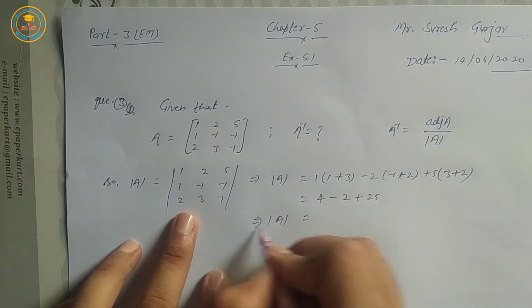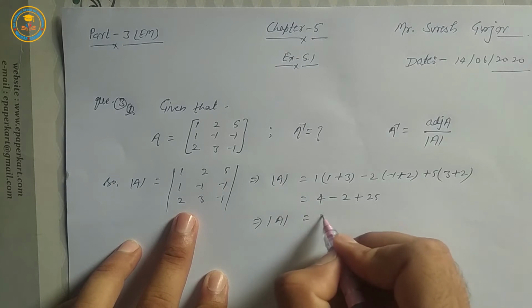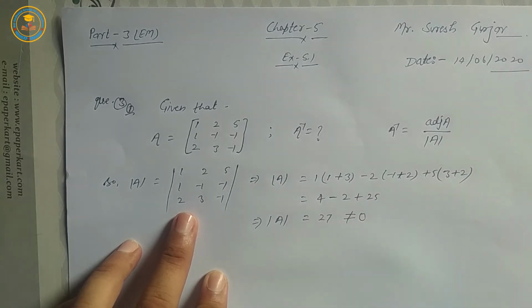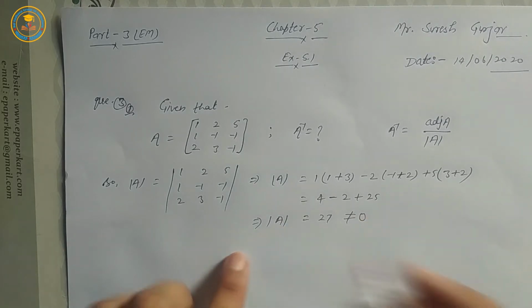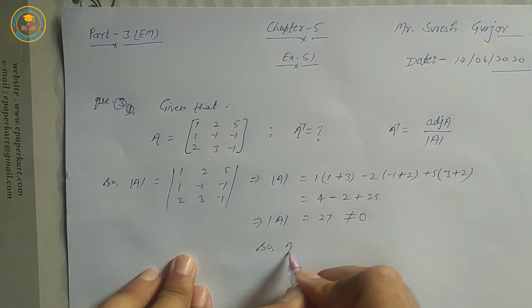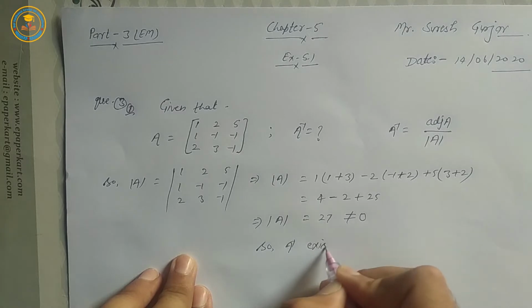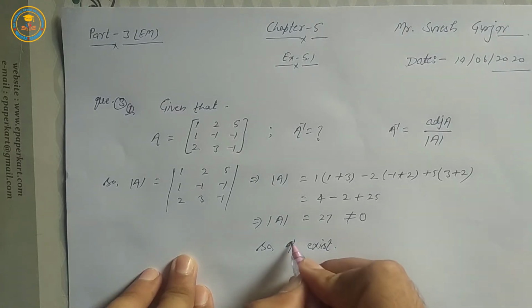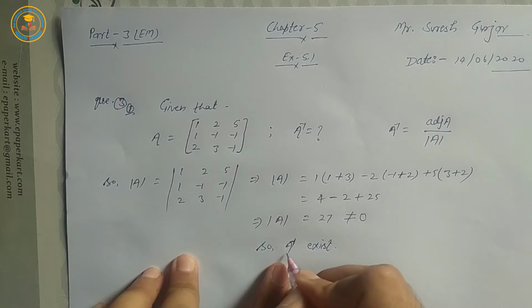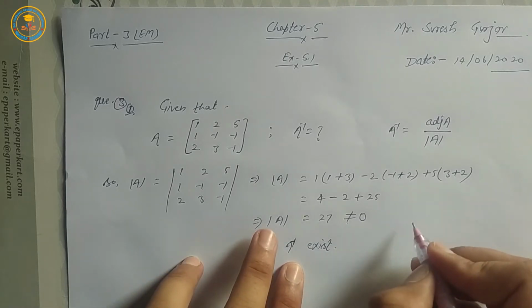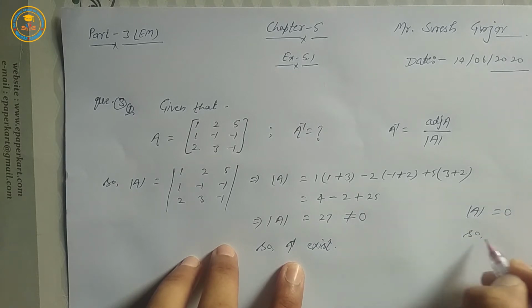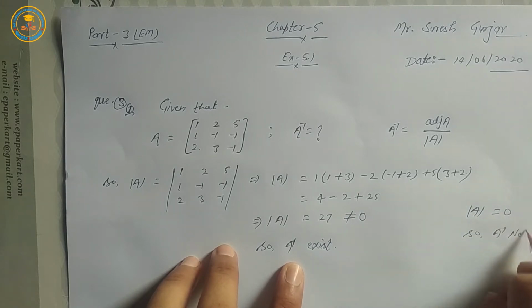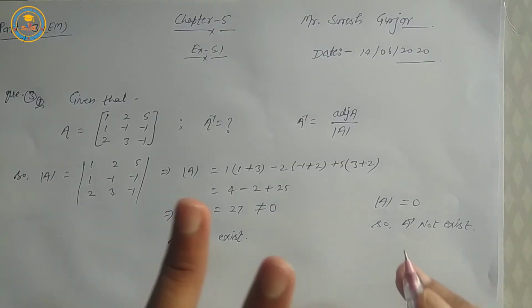Determinant A equal to 27, not equal to 0. Determinant A not equal to 0, so A inverse exists. Two conditions.